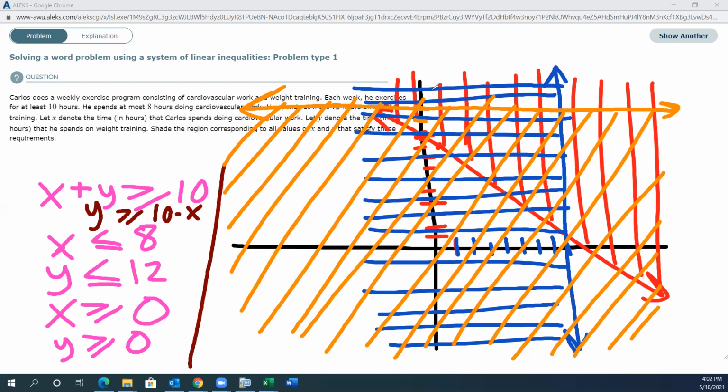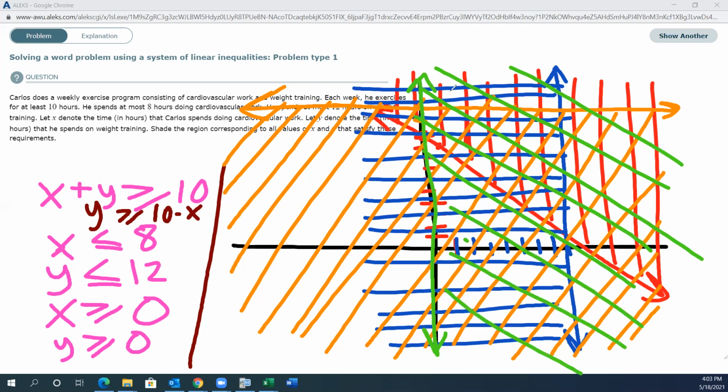Okay, now we need this guy here, and all that says is we only want to use positive x values. So let's pick that color. So x equals 0, that's the y-axis, and it says we want x values that are greater than 0. So that would be over here, and it's really getting tricky to see, even though I'm trying to be really clean with it.